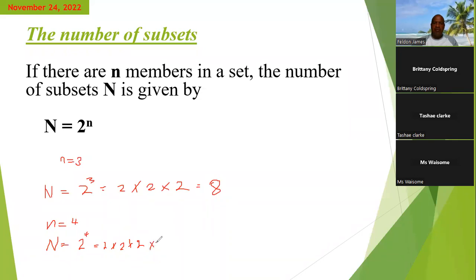You multiply those out, you get 2 2s, 4 2s, 8 2s, 16. So you will get 16 subsets. Is that clear to everybody, how the formula works? Yes, sir. Raise your hand, let me see.